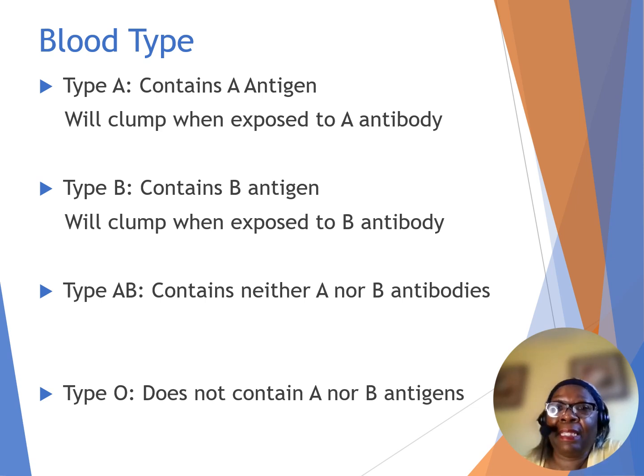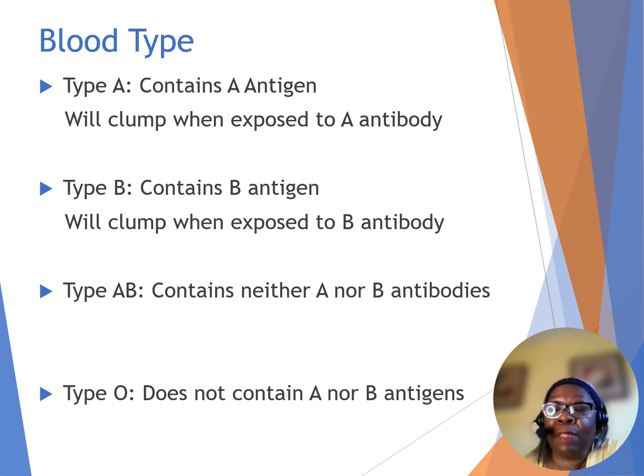We've got four types, and each type contains antigens and antibodies. So let's look at type A. Type A contains the A antigen, and this type of blood would clump together when it encounters blood that has the A antibody.